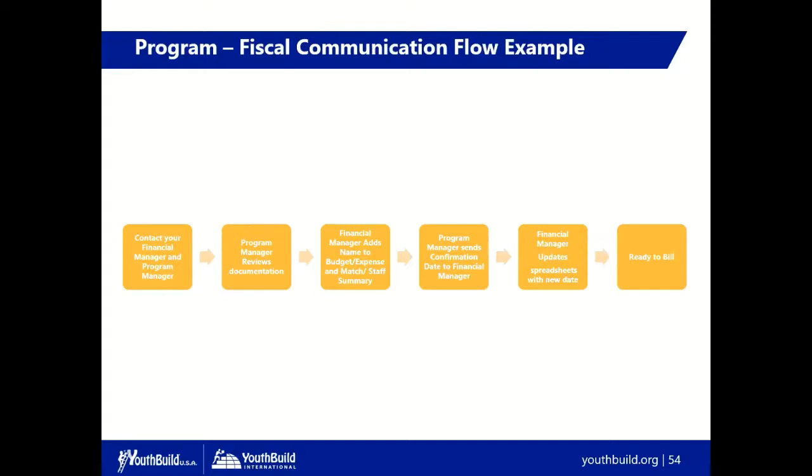We will then add everything to the budget mod and update all the spreadsheets. And remember that you can only bill after the staff member's criminal history check is cleared. So it's after the program manager approves it that you can start billing. If you have any questions about criminal history checks, please contact your program manager directly. They are the best resource you have for everything program related.